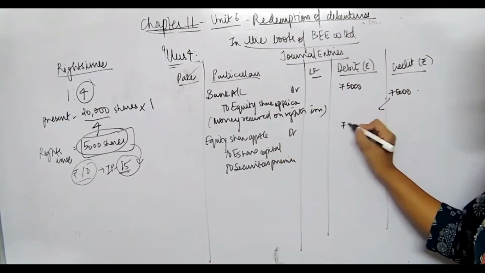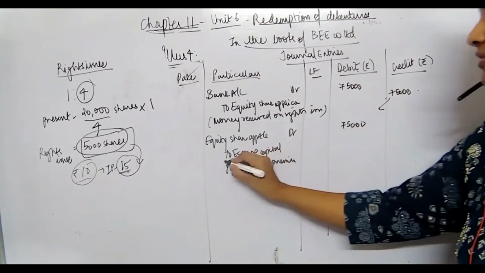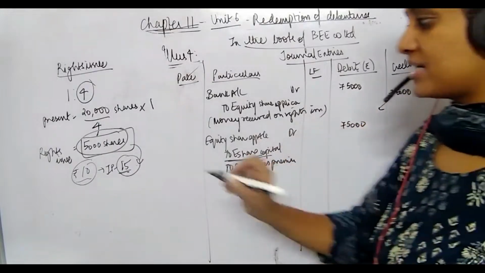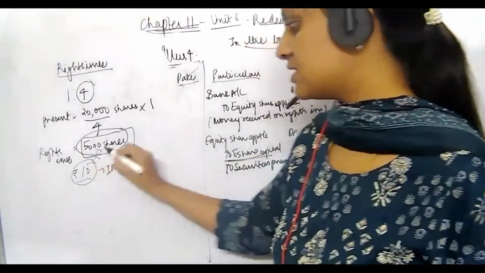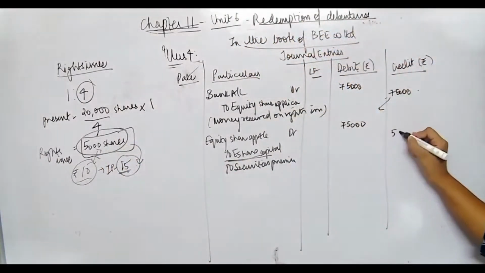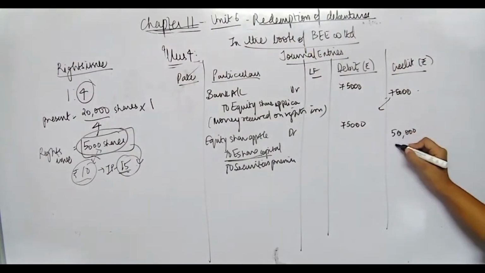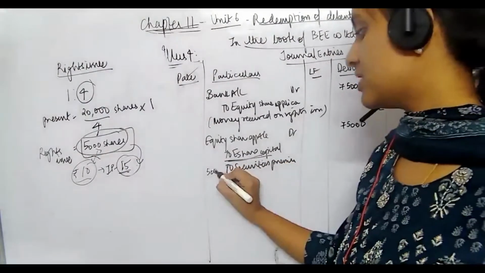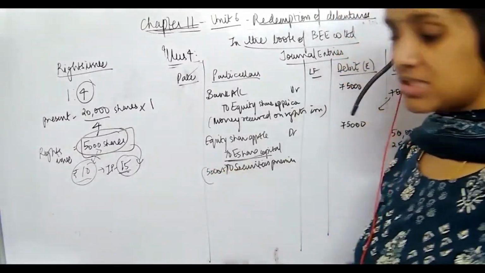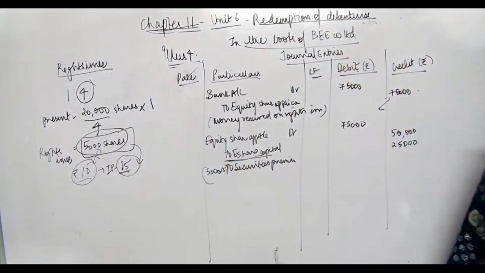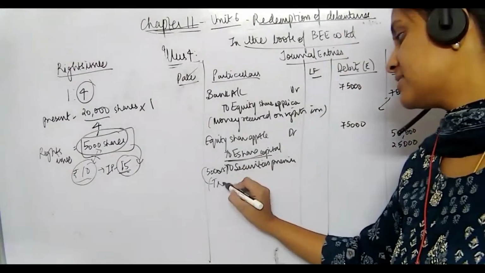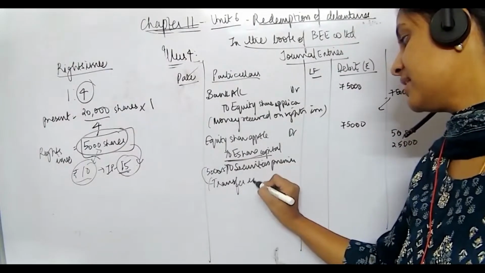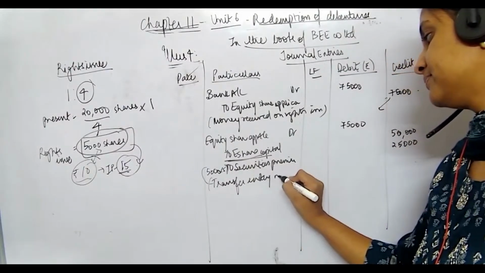It comes from this entry, 75,000. What will be share capital? Always the face value. 5,000 shares into 10, so 50,000. What is the value of the premium? 25,000. How? 5,000 shares into 5 rupees premium, which is 25,000. So this is the second entry, which is the transfer entry.